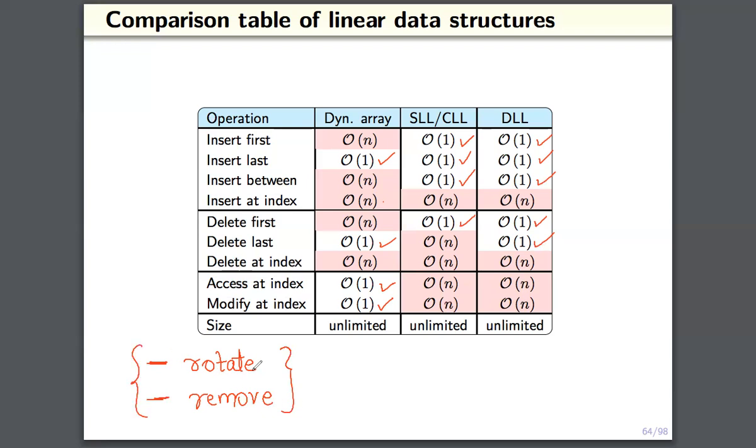Rotate function, you want to rotate, and remove the node you are currently at. We had to implement these two operations efficiently, and we needed a data structure. Can you tell me, how do you design a data structure to solve these operations efficiently?